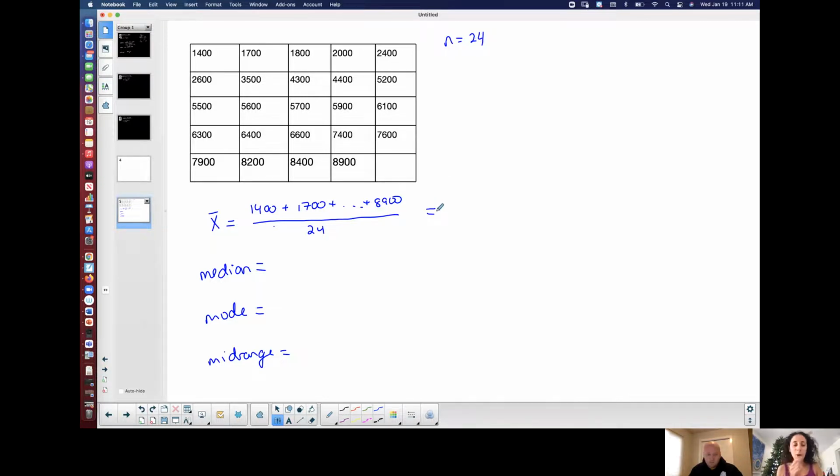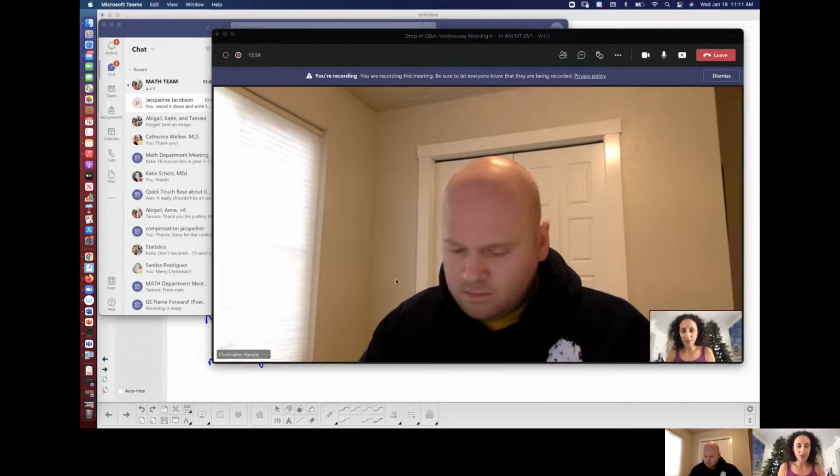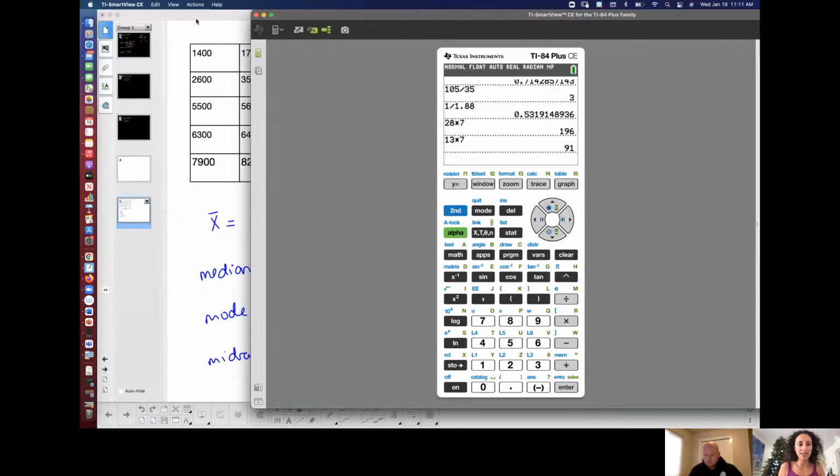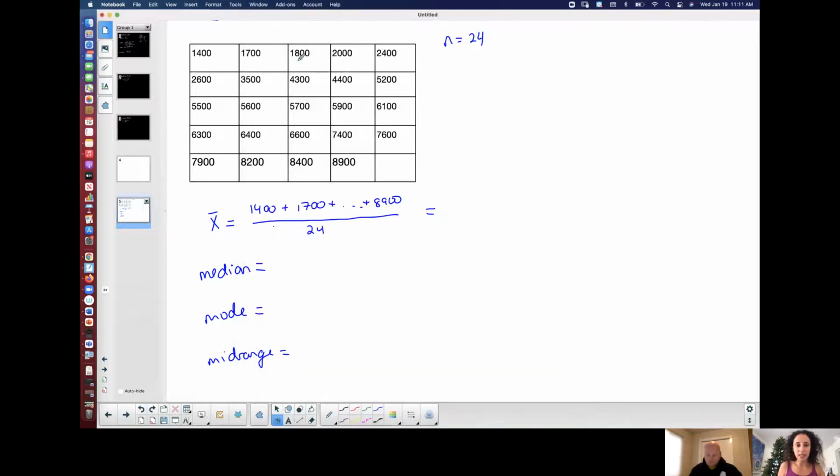Okay, so there are actually two ways you could find a mean with the graphing calculator. I'm going to show you this way, which is going to be a good time because we have a bunch of these that we have to enter into our calculator, but we'll do it together. So 1400 plus 1700 plus 1800.